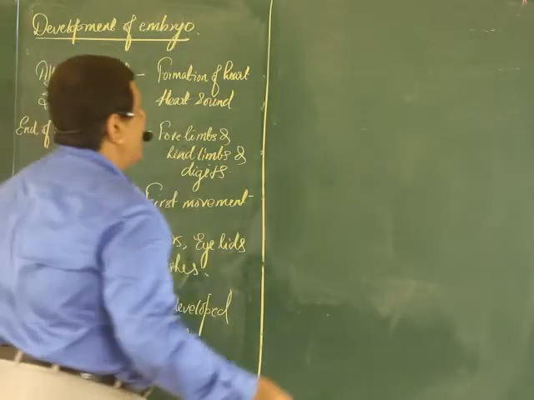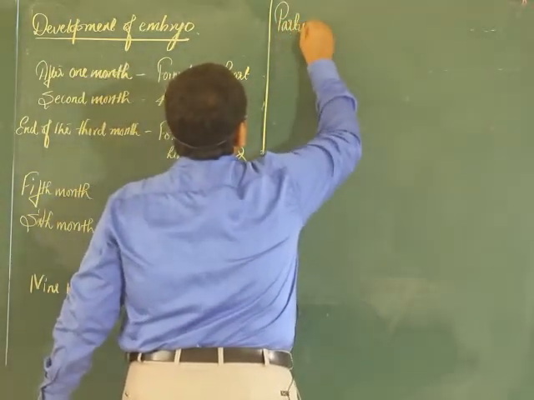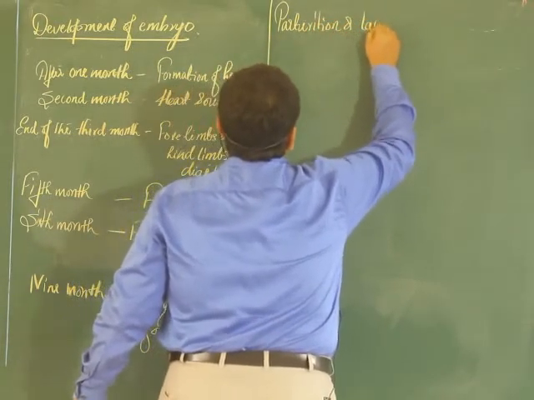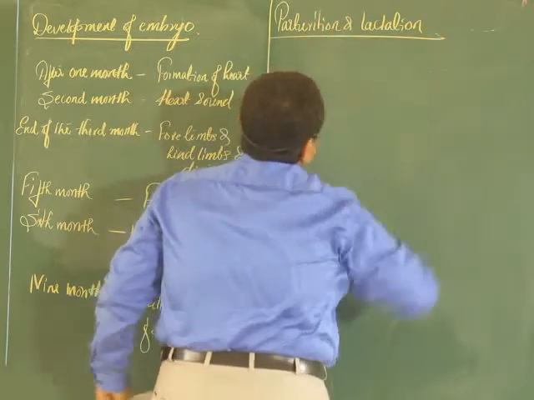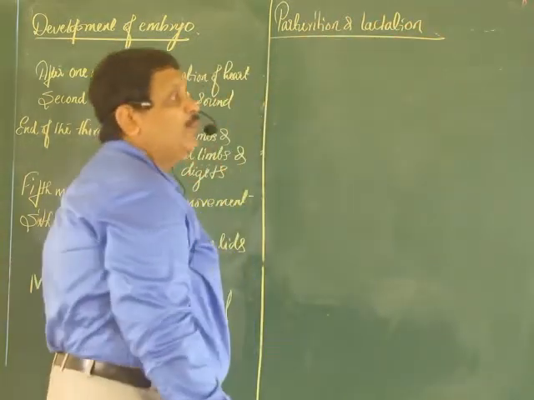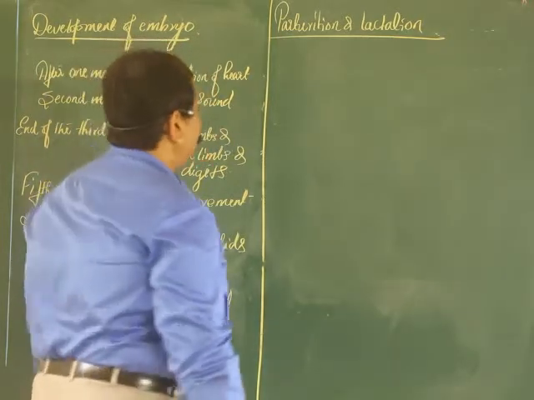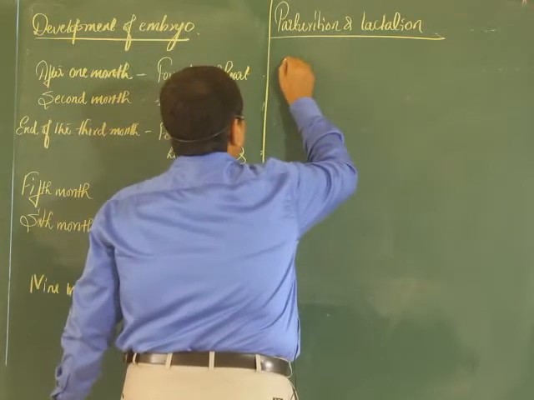Then the last part is called parturition and lactation. What is parturition? Process of giving birth to the developed embryo or child.